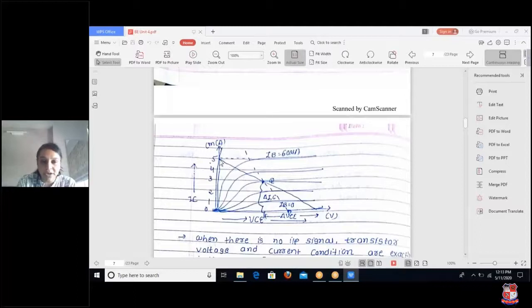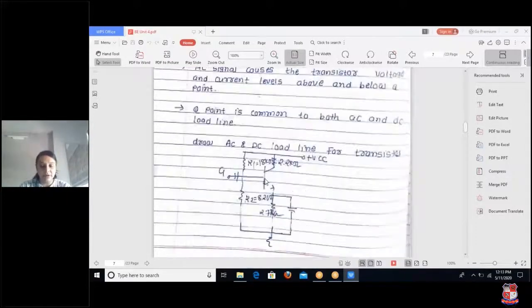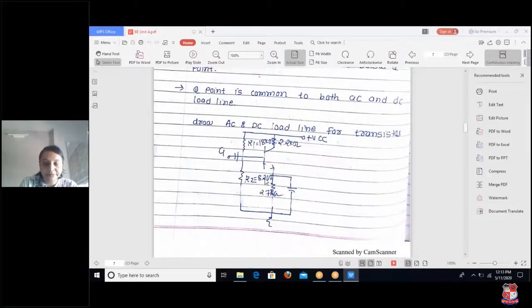Whenever we find the two values, point A and point B, we then find the value of the Q point, and at the intersecting point we can find the value of the load line.